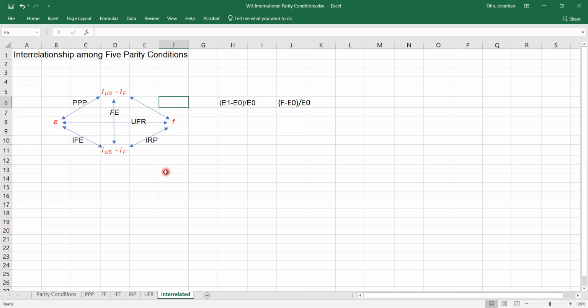So if n minus 1 are in equilibrium, then the rest is just implied. We don't need a theory that connects these last two, because it is automatically in equilibrium. Does that make sense?